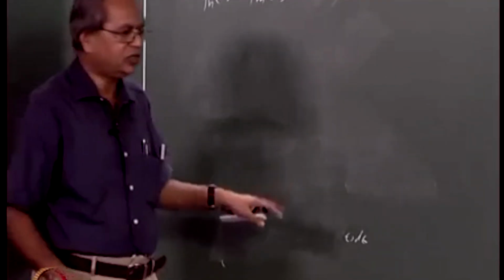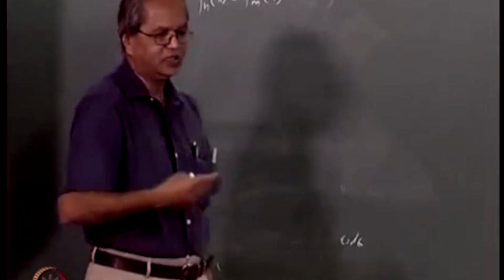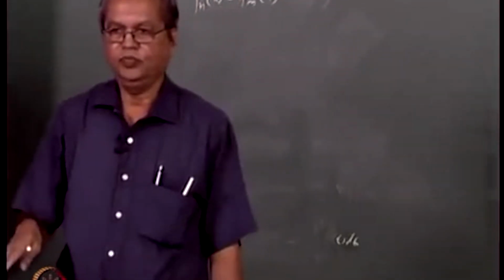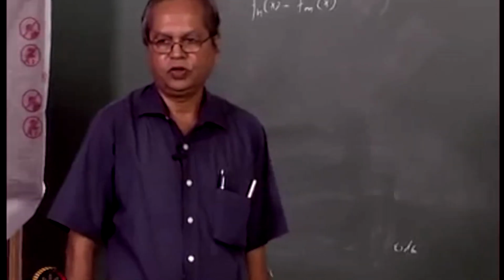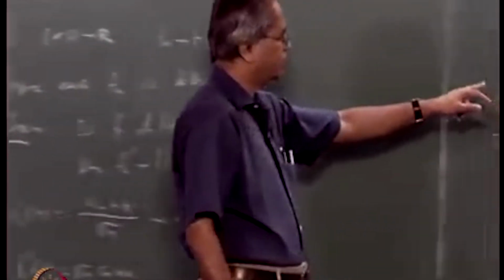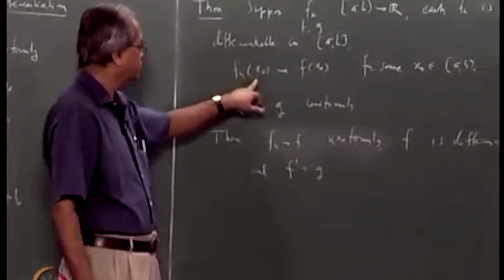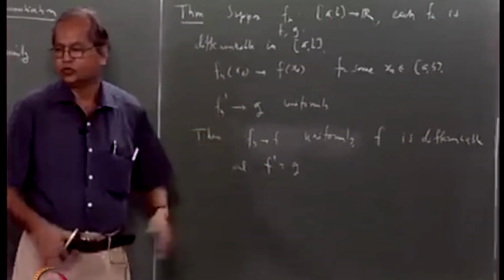In other words, I should show that mod fn x minus fm x is less than or equal to some alpha n for every x in [a,b], and that alpha n goes to 0. But what we know is that fn x naught converges to f x naught, so if I take fn x naught minus fm x naught, that is going to be small.